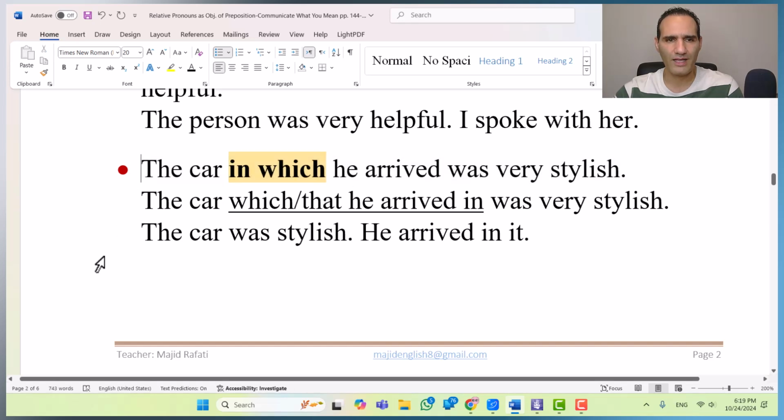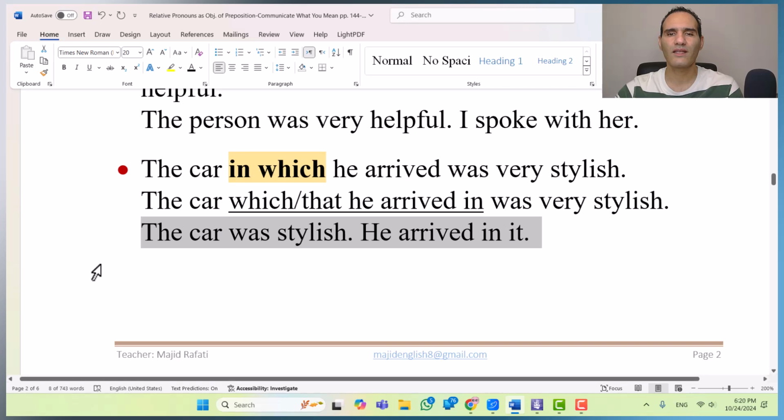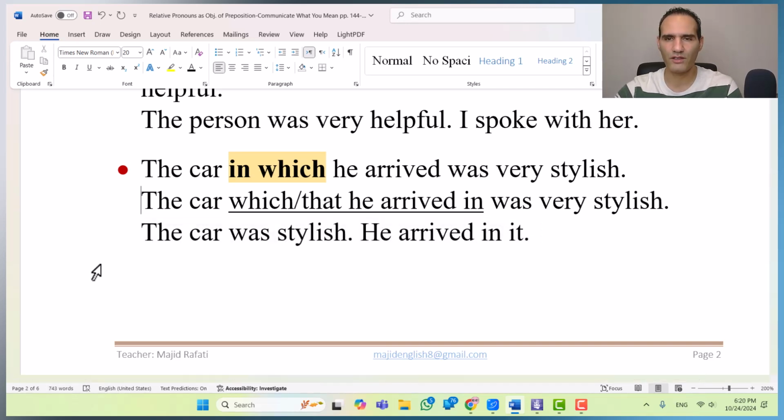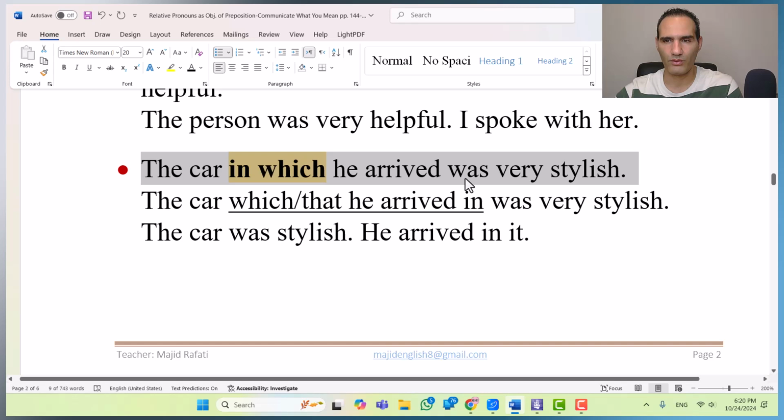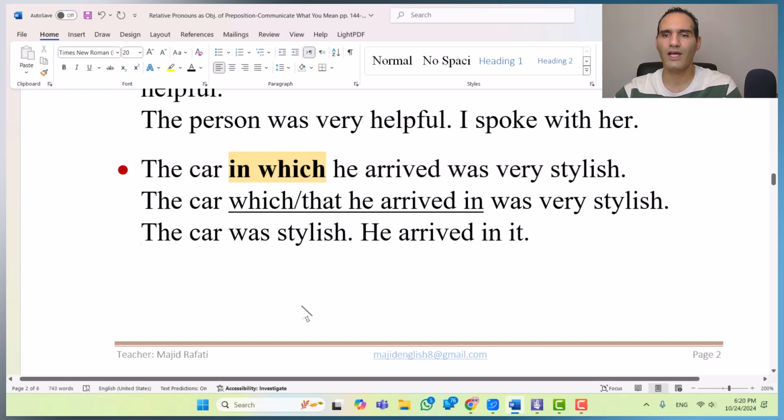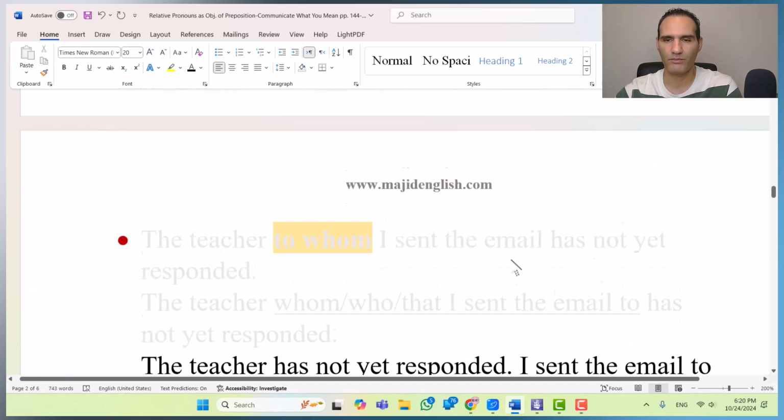What I'm trying to demonstrate with this exercise is that simple sentences can be connected together to make more advanced English grammar for your writing and for your speaking, yielding a better score on exams like IELTS or TOEFL. So the car in which he arrived was very stylish, far better than saying the car was stylish and he arrived in this car, for example. Very simple format.